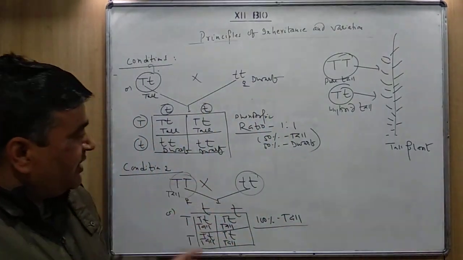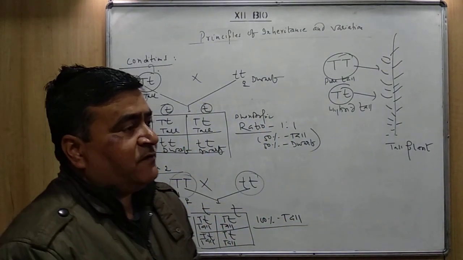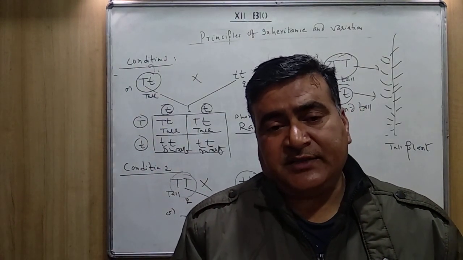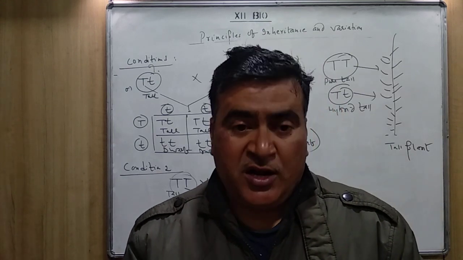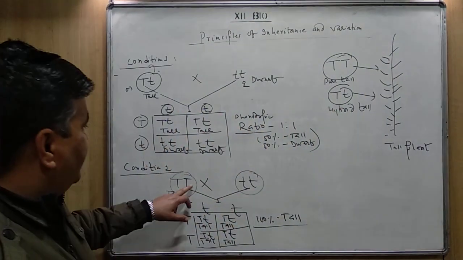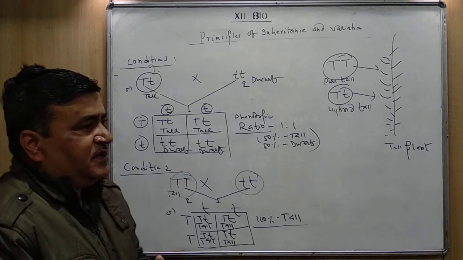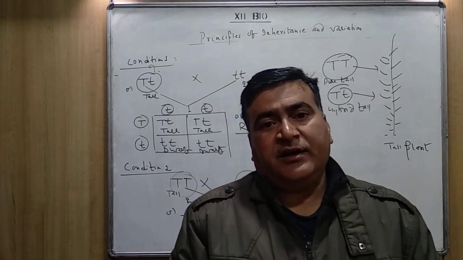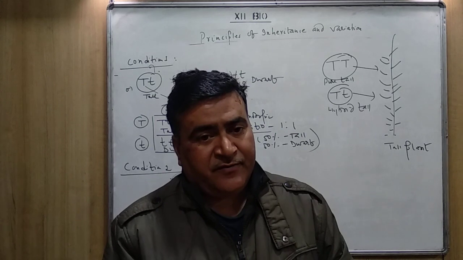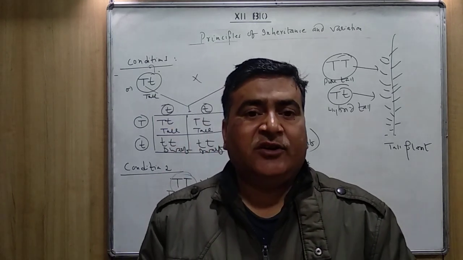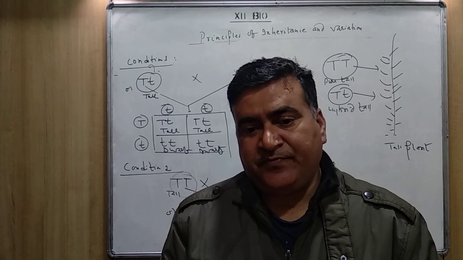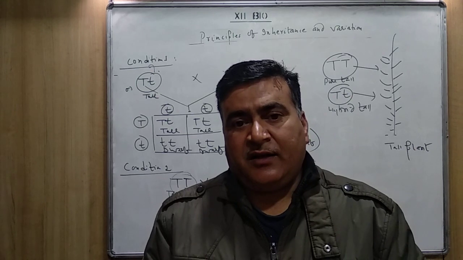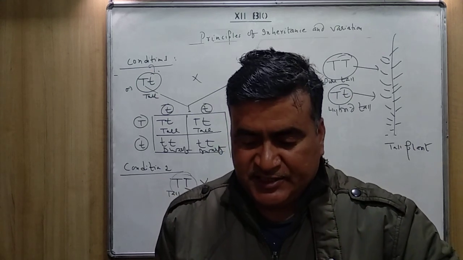And if all the plants in F1 generation, after the test cross, appear tall, it means the trait of the tallness is in the homozygous state and the plant is pure. So through the test cross, we will get to know whether the dominant trait in the plant is in the homozygous state or in the heterozygous state. So this is about test cross and the significance of test cross.